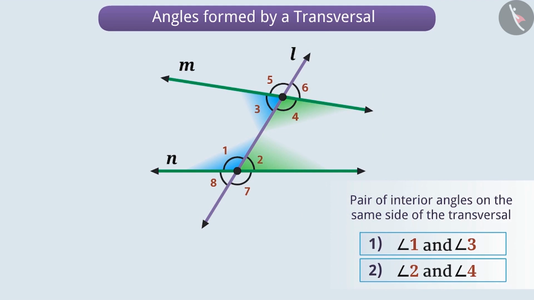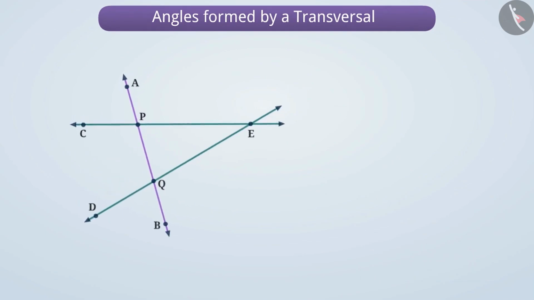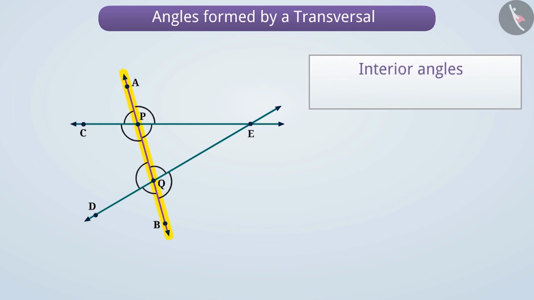Let us consider another interesting example to understand this. Here, line AB is intersecting the lines CE at point P and DE at point Q, by which it is forming 8 angles. Can you find out the interior angles formed by the transversal AB? Think for a while. Let me tell you.